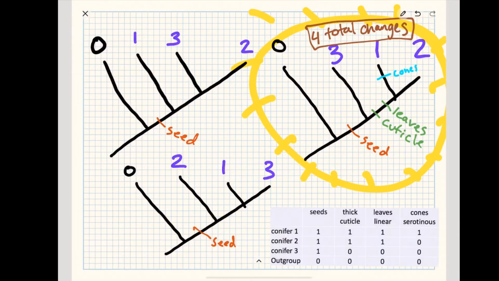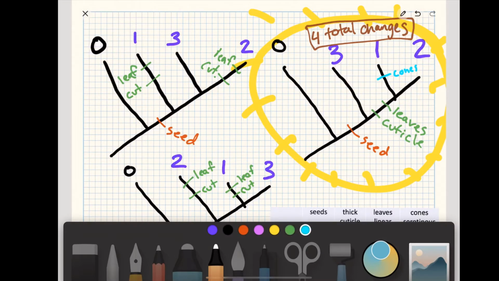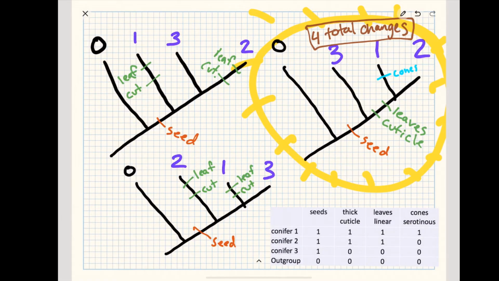For consistency's sake, I want to prove to you that these other 2 possible cladograms, these other 2 hypotheses, were indeed less parsimonious, meaning they were less simple. They had more homoplasies. Notice that for this one, if conifer 1 branched off first, then the traits that are present in conifer number 1 and conifer number 2, they would have had to evolve independently twice, since conifer 3 did not have those character states. So in both of these cladograms, both the linear leaves and the thick cuticle would have ended up being homoplasies.